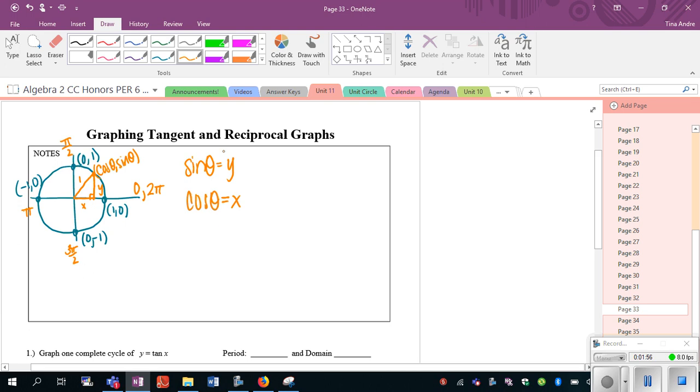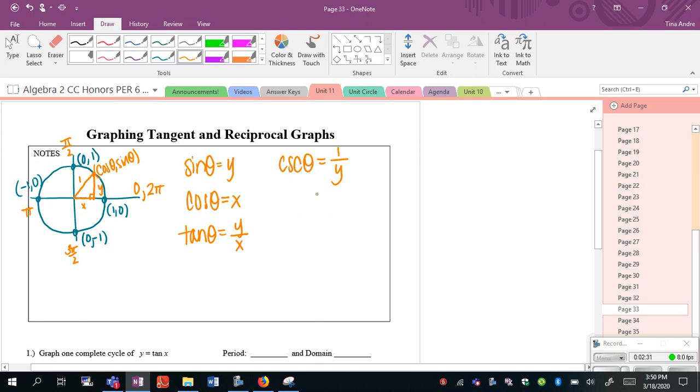If we think back to how we use sine and cosine to get tangent, tangent is equal to sine divided by cosine, or the y value divided by the x value. So to graph it, we figure out our y and divide it by the x value. When we get into the reciprocals, the reciprocal of sine is cosecant, so we do 1 divided by y.